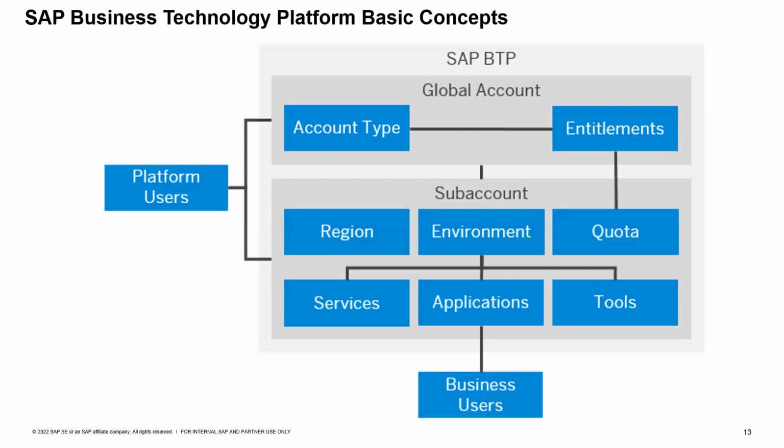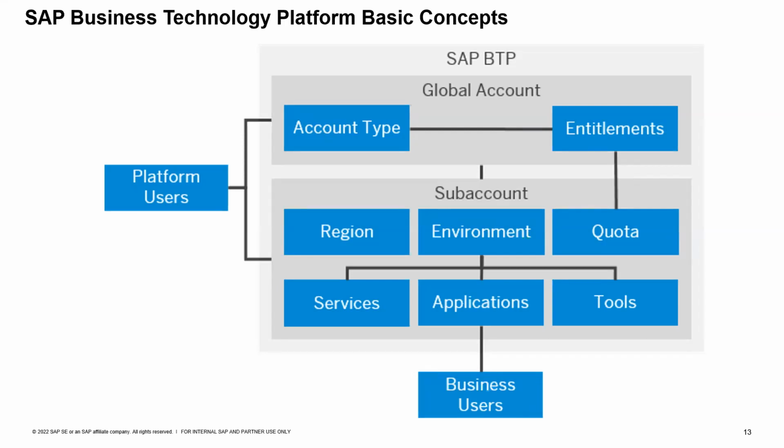An entitlement is your right to provision and consume a resource, such as the amount of memory that can be allocated to your applications. Then we have quotas. A quota represents a numeric quantity that defines the maximum allowed consumption of a resource.